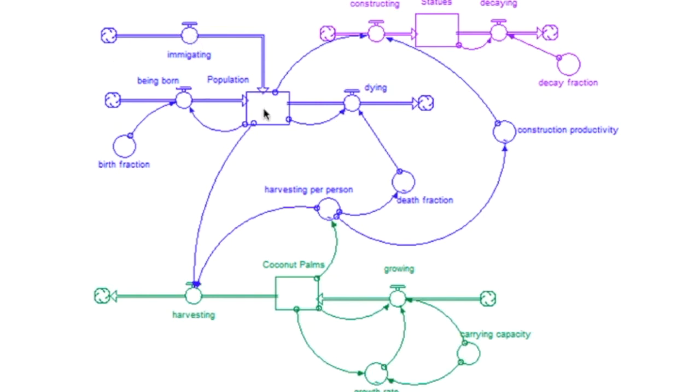This flow on its own will lead to linear growth. In this case, it is a positive flow, which will be a linear growth.